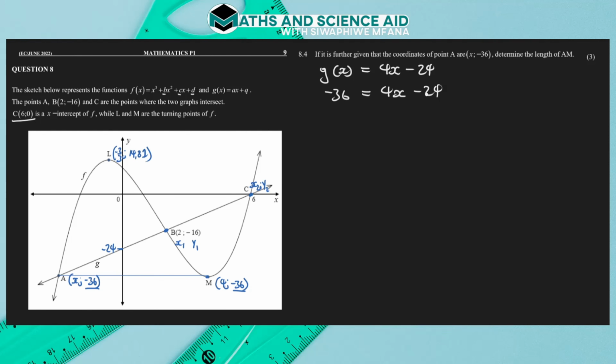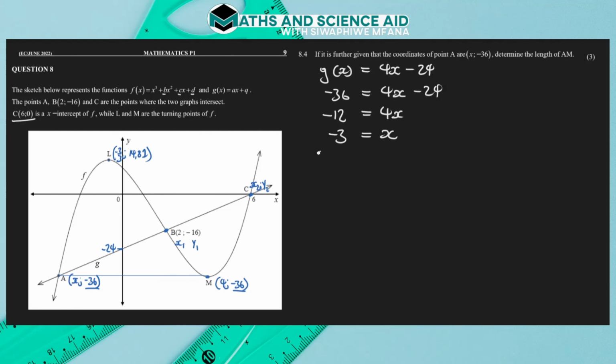So we transpose negative 24 into the left-hand side. That will give us negative 12. And then on this side, we'll be left with 4x. And then we just divide by 4 on both sides of the equation. And of course, it means that negative 3 is the value of x.